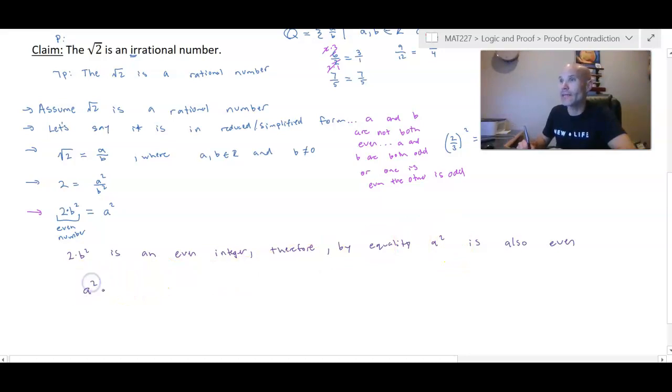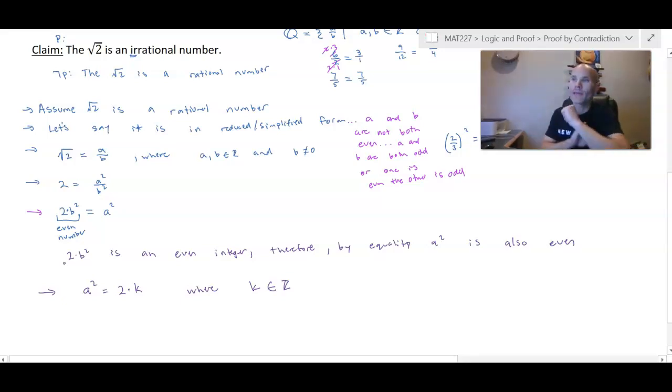Well, if a squared is even, a squared is equal to 2 times some integer. I'm going to have to introduce a new symbol. I'll say 2 times k, where k is an element of the integers. So a squared itself is an even number, which means a squared is equal to 2 times some integer.